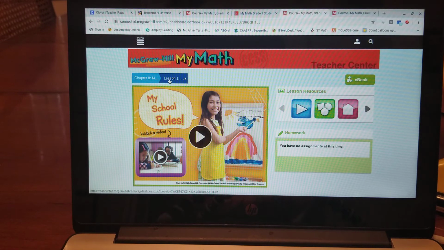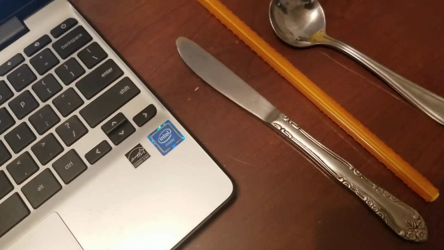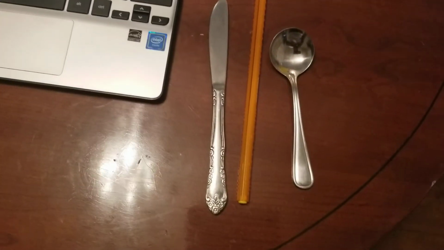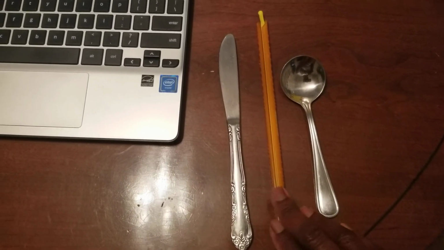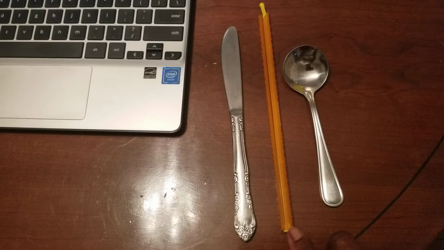I did have this that I wanted you to take a look at. Let's see if I can get it on there right. Okay. I have a butter knife. We use these at my house to kind of close up chip bags or bags that have been opened.